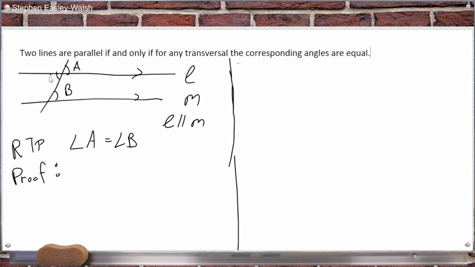We'll call this here C. So angle A equals angle C, and that's because of the first proof I did, that vertically opposite angles are equal. I won't write the full sentence out.